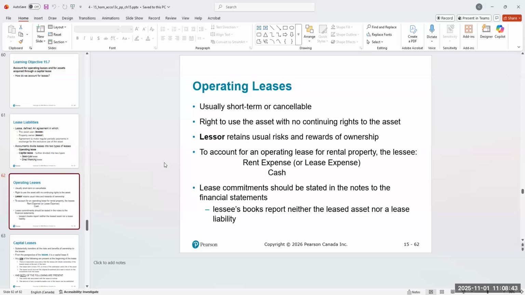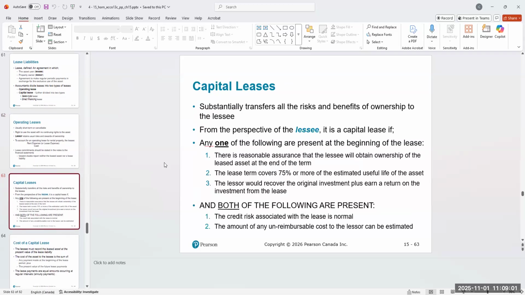That's it. Nothing more, nothing less. Keep it simple. Lease commitments should be stated in the notes of the financial statements if there is any lease commitment on the short term. Again, this is a short-term lease, and if there is anything, it has to be stated on the financial statements. Let's see the other one.